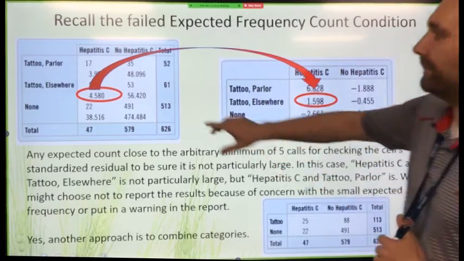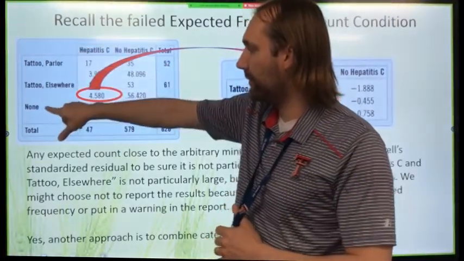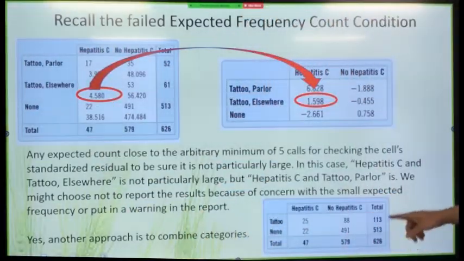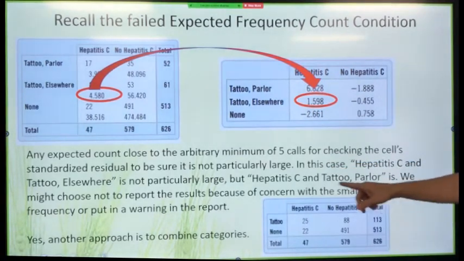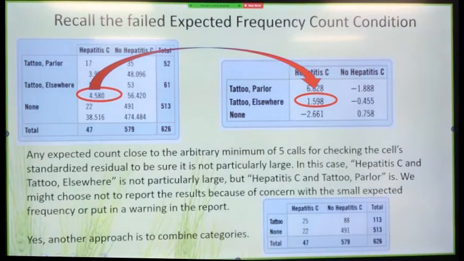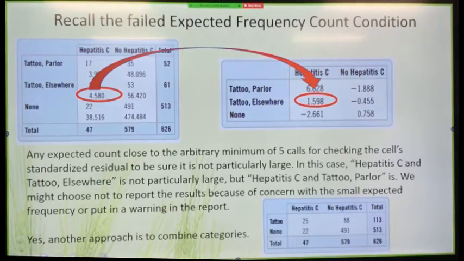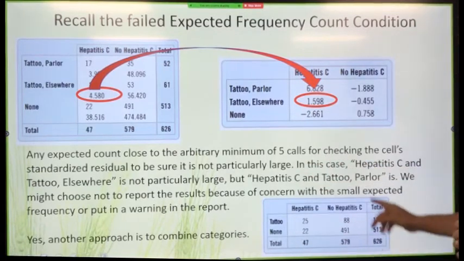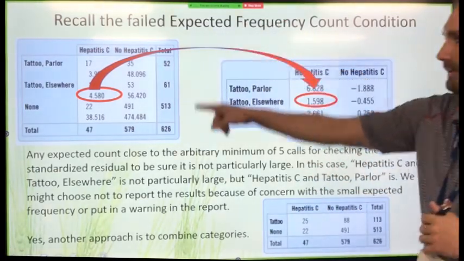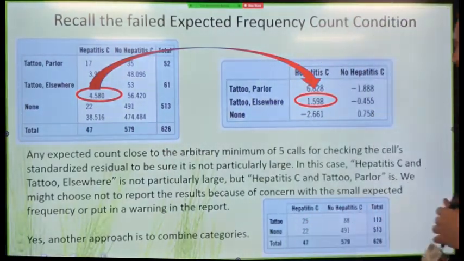So let's combine people who have tattoos and people who didn't. We get this table right here. And notice, now I passed the expected condition. So I might want to run a chi test based on this table. And you'll see that we still reject the null. So I'm a little bit more confident in this result with this table than I am with this one here. Does that make sense?